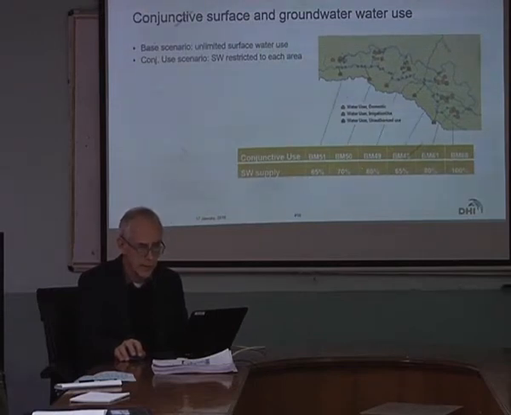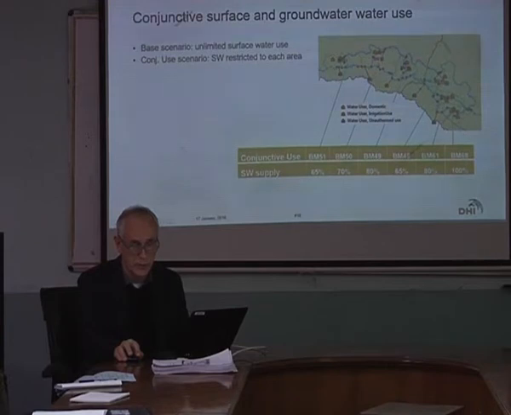For each of these, after some calculation, we came up with the optimal amount you should take. For this first one, the best thing would be if they only take 65% of their water from the channel and then use groundwater for the rest. 70% on this one, 80, 65, 80.